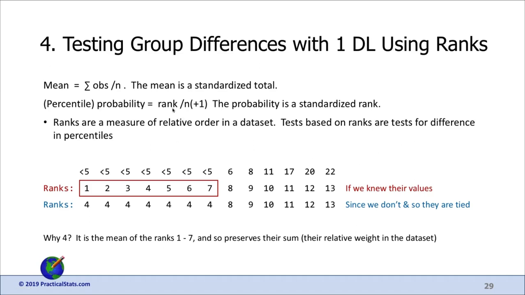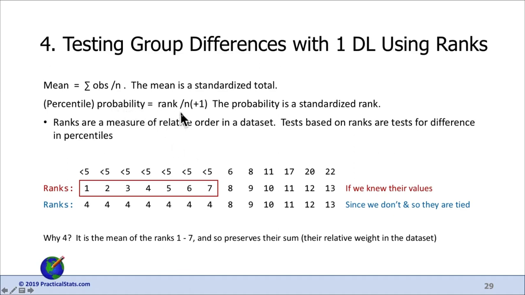If you have 24 observations, the lowest value gets a rank of 1. Dividing that by (n plus 1), I don't know why that parenthesis is there. It's in the wrong spot, should be parenthesis n plus 1, sorry. The rank over n plus 1 is the probability, to declare something as a percentile. So the median would be at the 50th percentile at a value of 0.5.